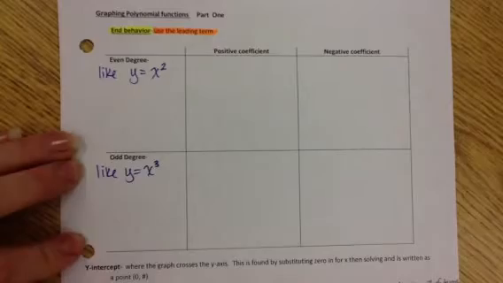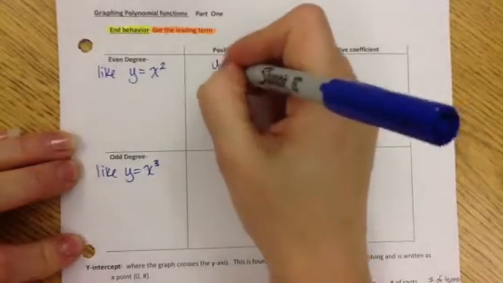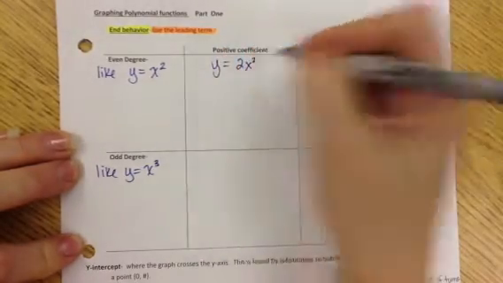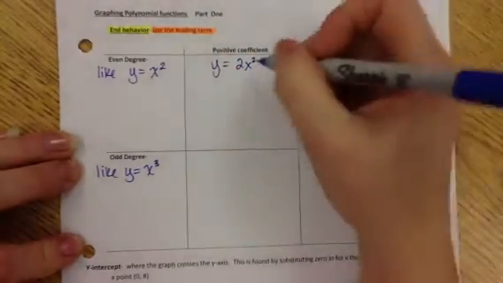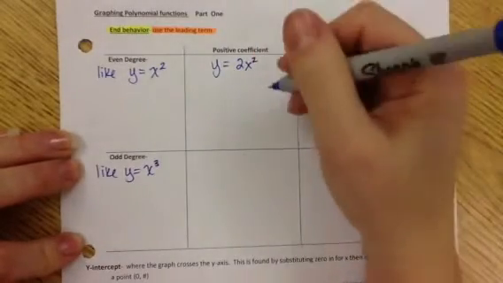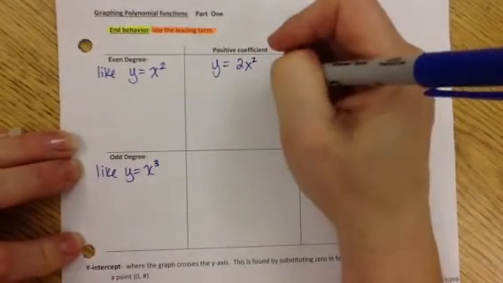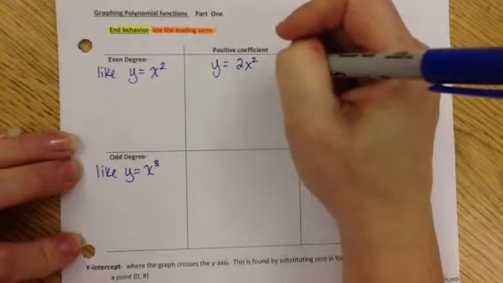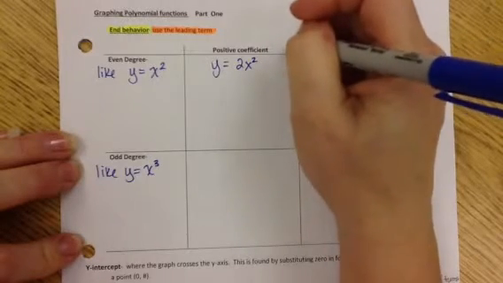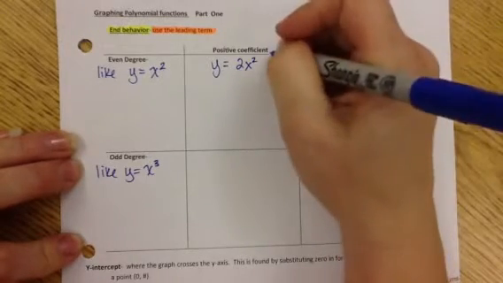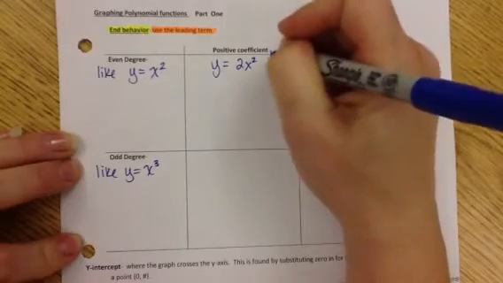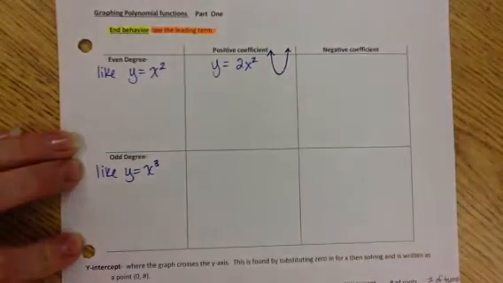So I want to look at the positive and negative leading coefficients. For example, if I had y equals 2x squared, that would be a parabola with a vertical stretch of 2. So my graph would start at (0, 0), and then it would go over 1 up 2, over 2 up 8, over 3 up 18. And so my graph would appear like that.